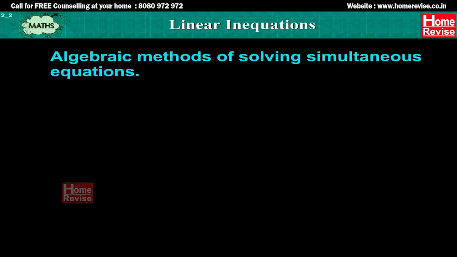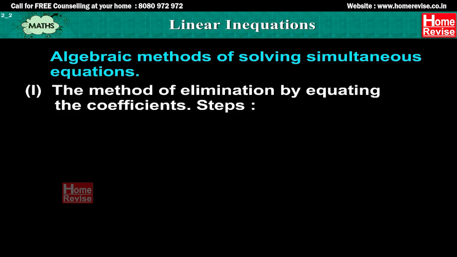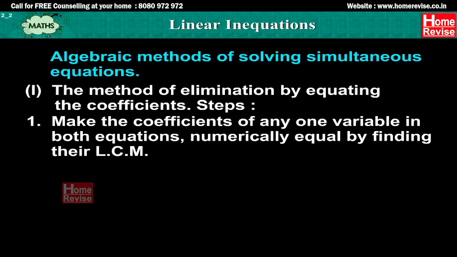Now let us learn about algebraic methods of solving simultaneous equations. The first method, the method of elimination by equating the coefficients. We are supposed to follow the following steps. First, make the coefficient of any one variable in both equations numerically equal by finding their LCM.